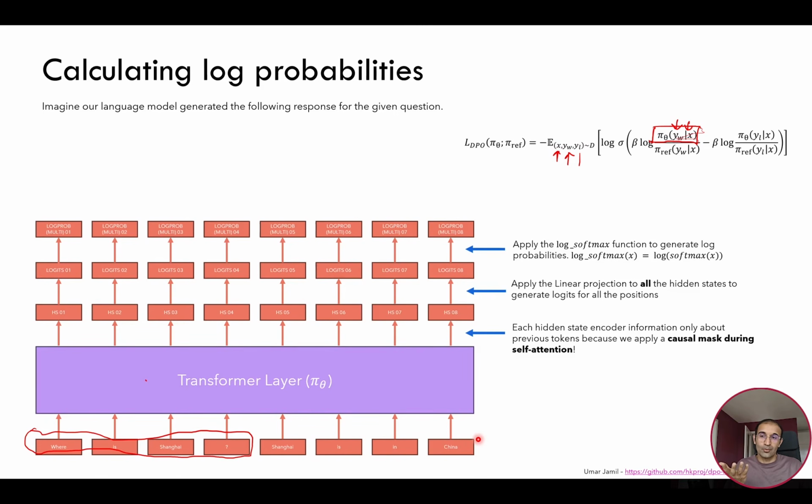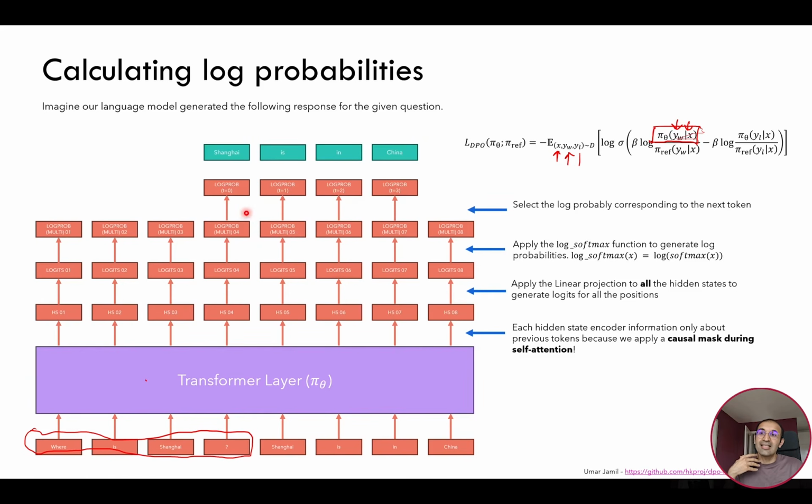So how to compute these log probabilities? We can compute the log probabilities over the entire vocabulary, and then we only select the log probability corresponding to the token that was actually selected in the answer. So for this question, for example, we select the last hidden state for the question, which corresponds to what should be the next token, and we know what the next token is.